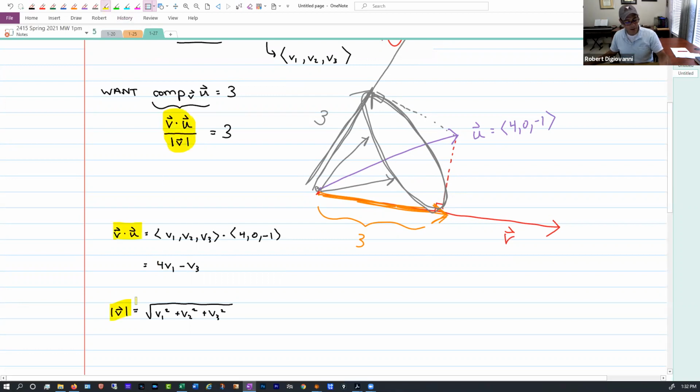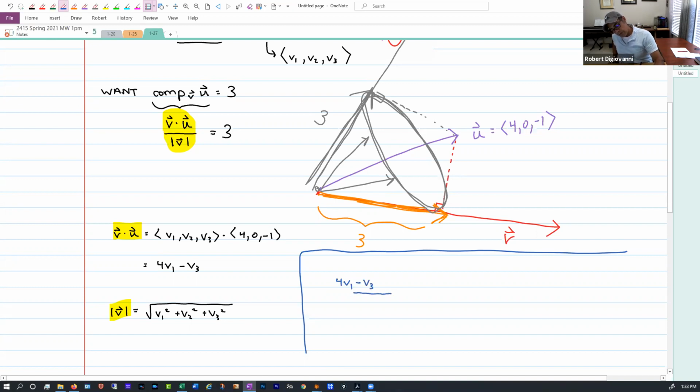We know that v dot u, which is 4v1 minus v3, over the magnitude of v, which is the square root of v1 squared plus v2 squared plus v3 squared, must be equal to 3.